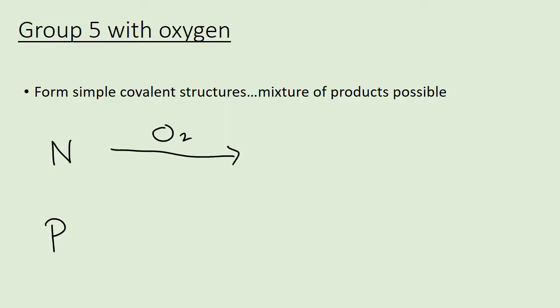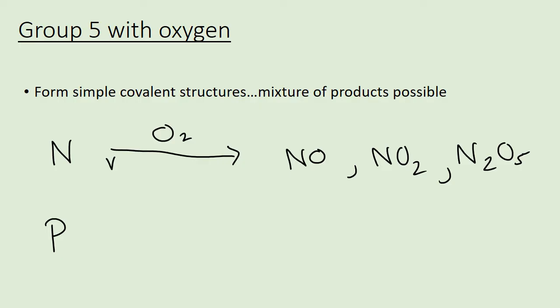So nitrogen will react with oxygen to form either NO, NO2, and N2O5. Okay, so we get a mixture here. And in fact, nitrogen is actually very slow to react. It doesn't really want to react with oxygen. It requires a very high temperature and a very high pressure. That's how unreactive it is.